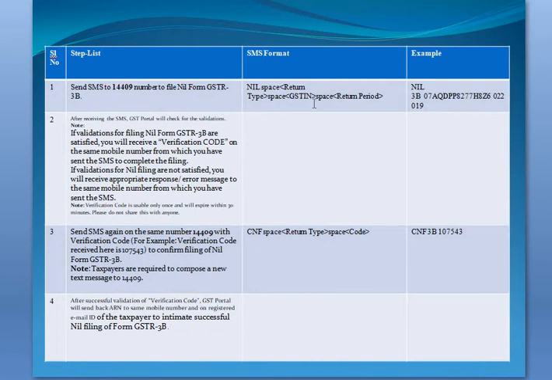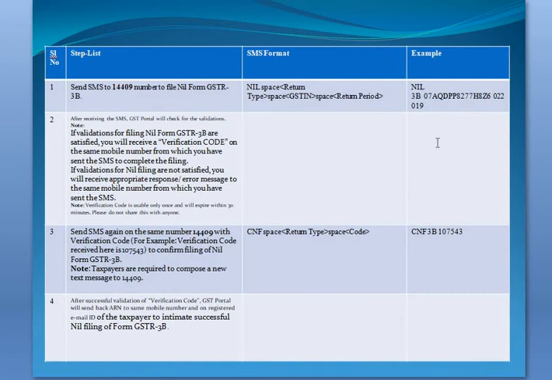Now after typing this message, you send it to the number 14409. Once you send this message, you will get a code from GSTIN.